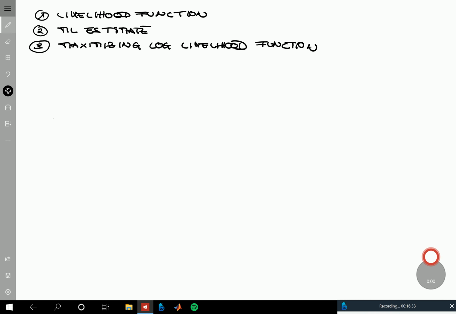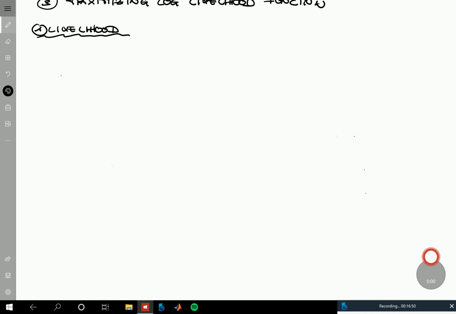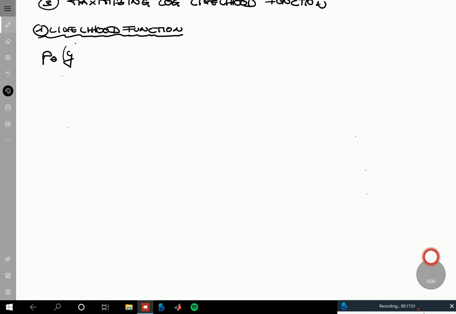So the general idea of a likelihood function is that first of all you have a probabilistic model. So you have a probability distribution over some data. Yeah? So that's what I call a probabilistic model.